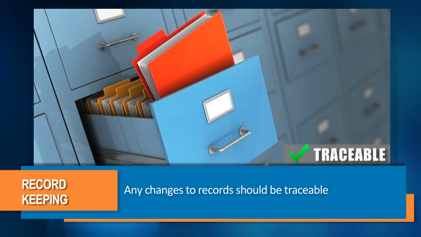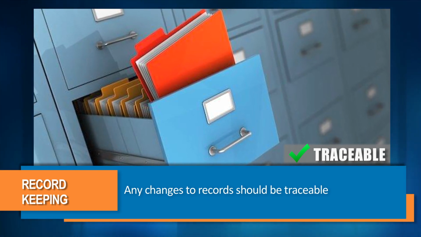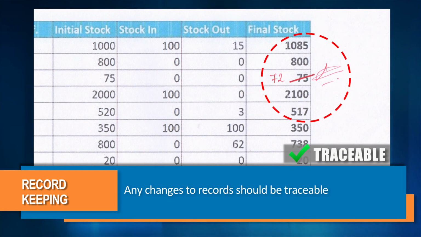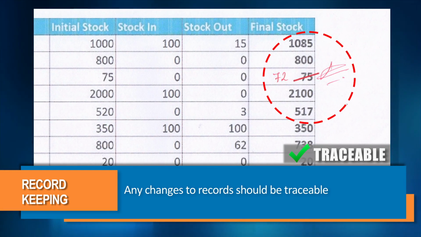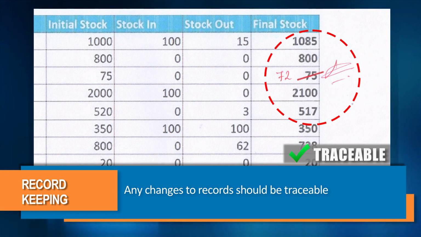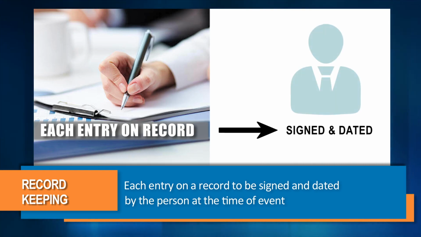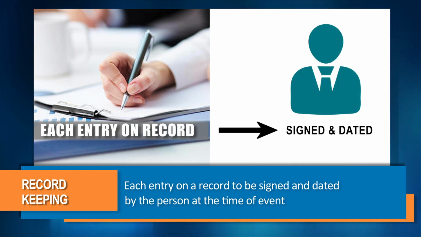Any changes to records should be traceable. For example, errors are identified by a strikeout and followed by initials. Each entry on a record should be signed and dated by the responsible person at the time the specific event occurred.